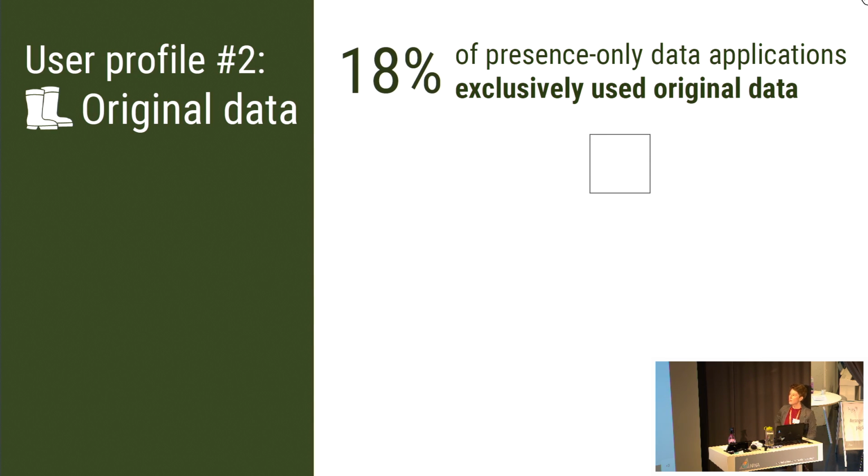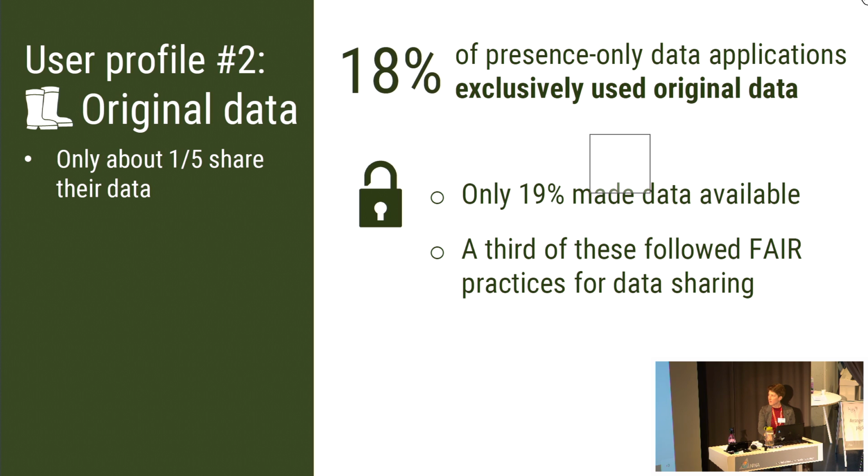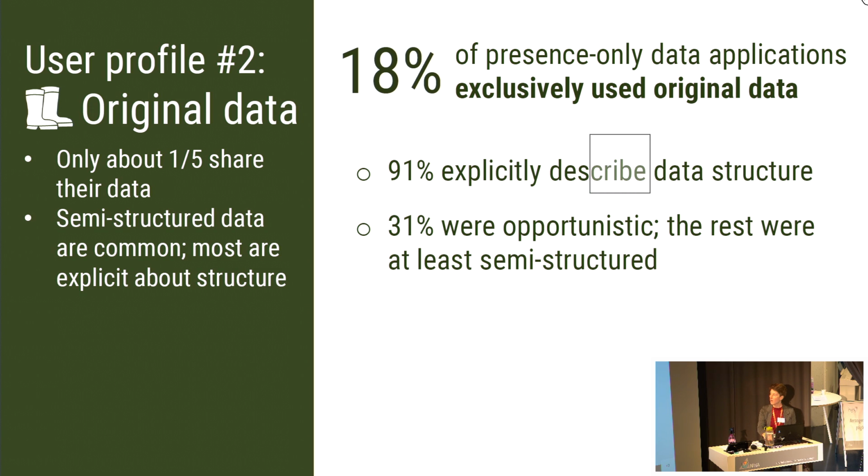Moving along to look quickly at the profile of a user who is on the opposite end of the spectrum, collected their own presence-only data and analyzed it in that framework. A slightly smaller percentage of these made their data available, 19%. On a positive note, the vast majority explicitly described the structure of their data.